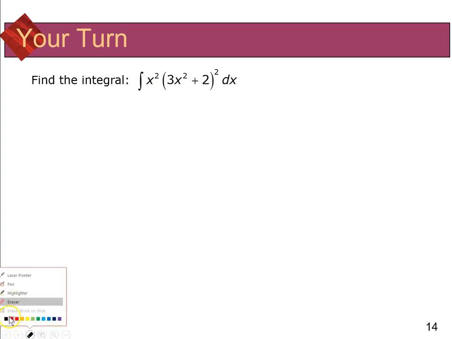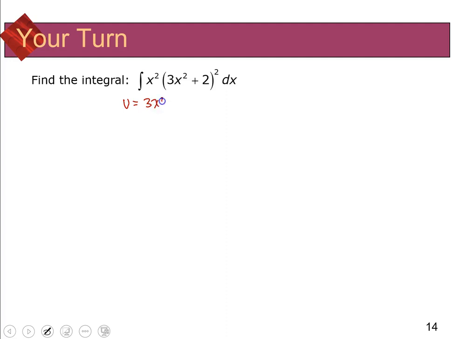So when I do this, go back to the pen here, I'm going to let u equal 3x squared plus 2 squared, and I'm going to let dv equal x squared dx.